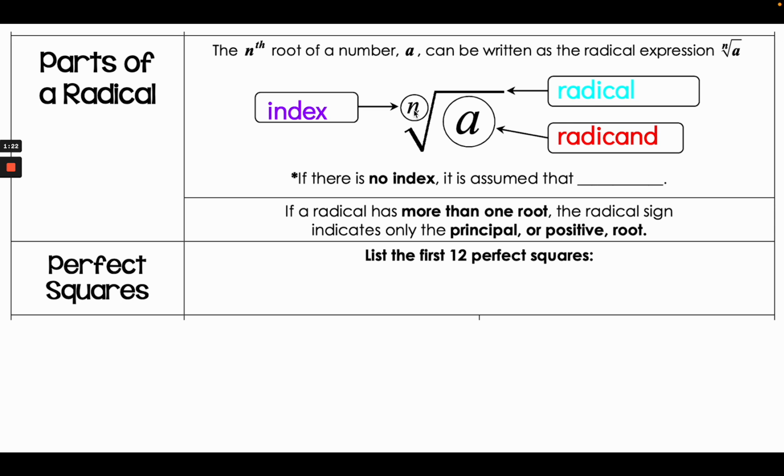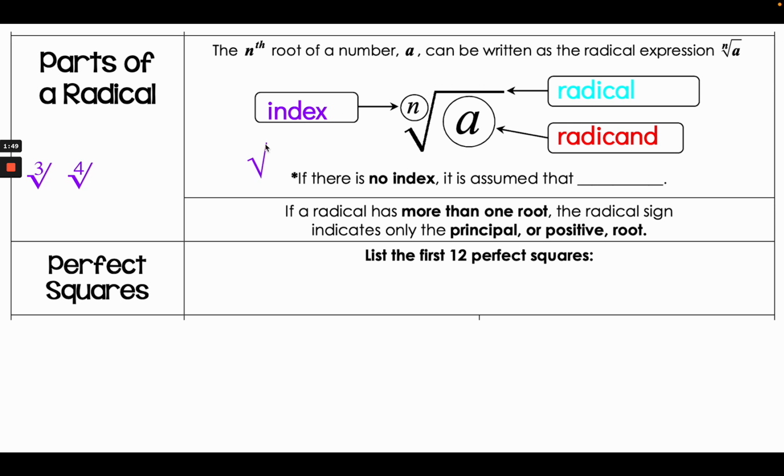We have actually seen the index in a different way. Sometimes we see it as a cube root, or a fourth root or quad root. If there is no index, so no number there, this is what it's going to look like. Because of the software I'm using, this is another way to see a square root.